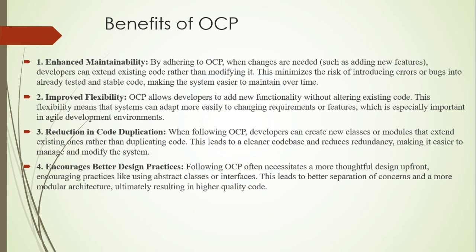Another associated property that makes the system more maintainable is flexibility. OCP allows developers to add new functionality without altering the existing code. This flexibility means that the system can adapt more easily to changing requirements, which is especially important in agile environments.